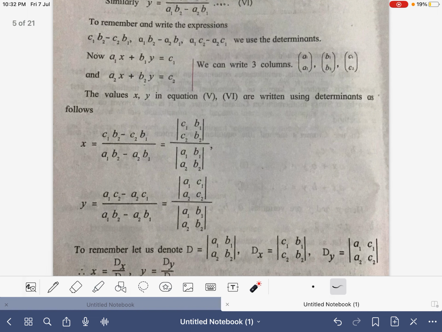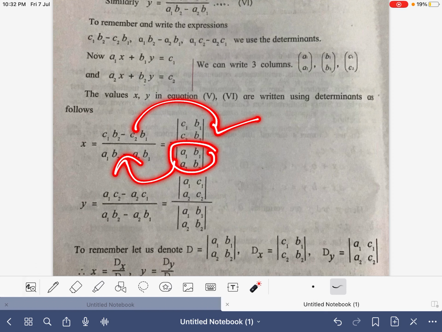Okay. Now this is the value of x and this is the value of y. Cramer simply converted this formula into the determinant form. So if you solve the value of the determinant, it is nothing but this term. So the answer of this determinant is the value of this term.